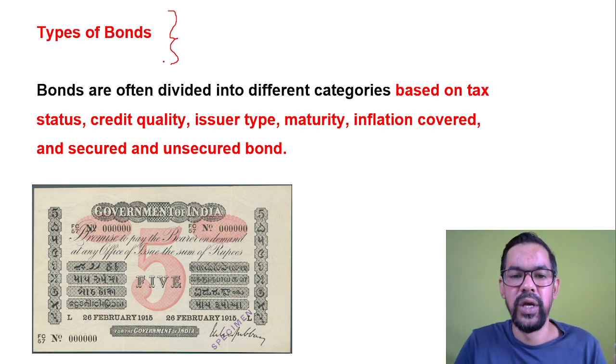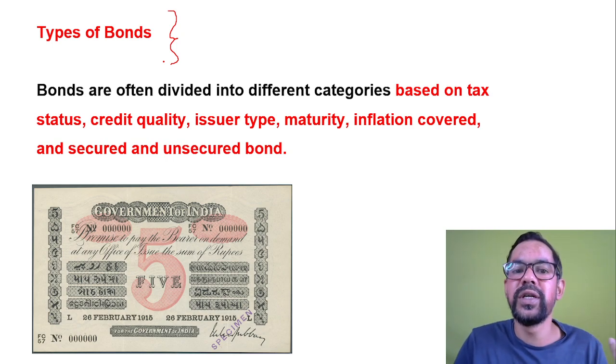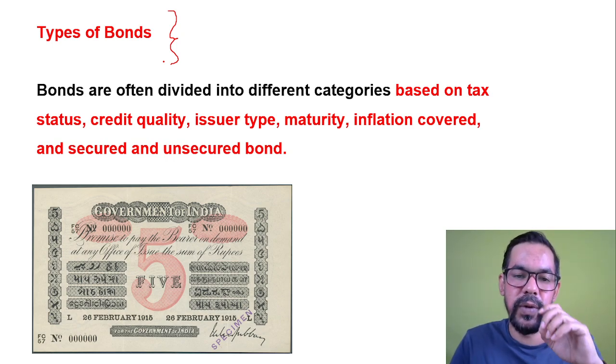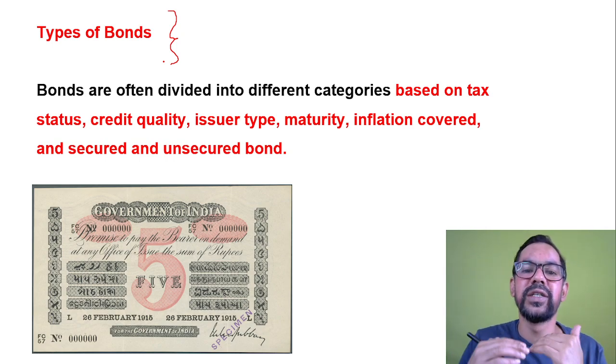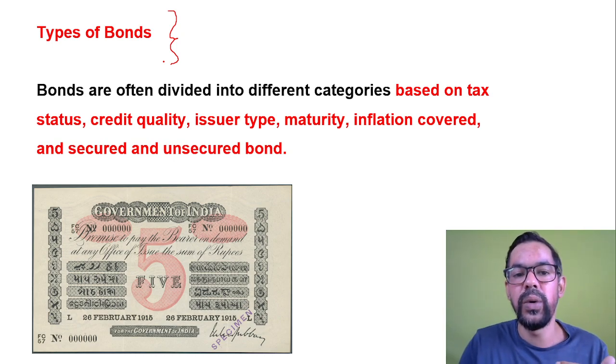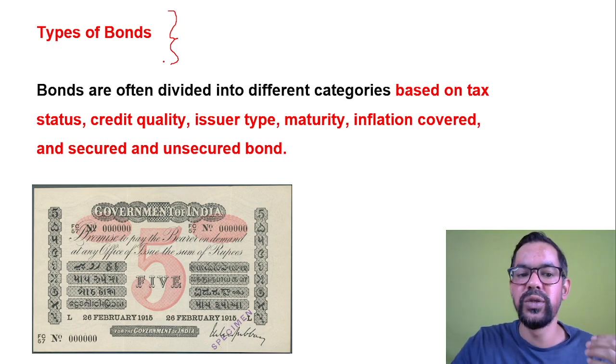If it is issued by a municipal party, it is known as a municipal bond. I hope you have heard about electoral bonds, which are for the purpose of elections, parties and so on. Sometimes you will also hear about tax-free bonds and others like infra bonds and green bonds.